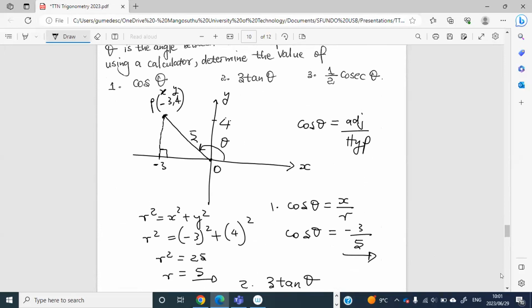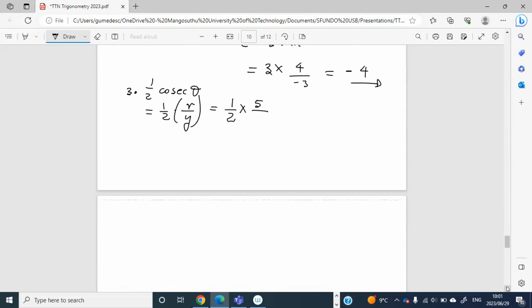Y is positive 4. So half cosec theta: 1 times 5 is 5, 2 times 4 is 8.